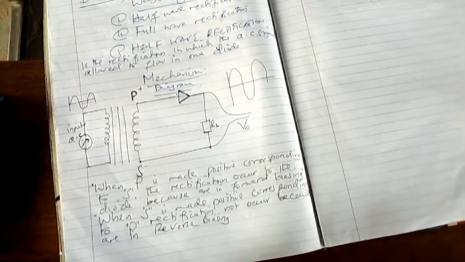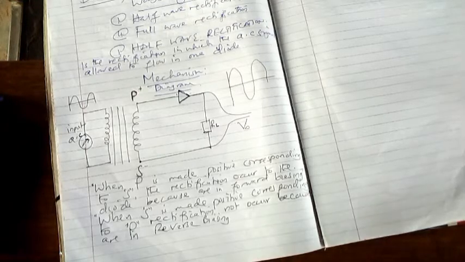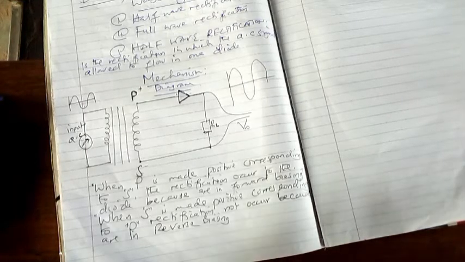Kwa sasa kumbe tunapokuwa tunasema half wave rectification means that the conversion of alternating current to direct current is just achieved in a half cycle.